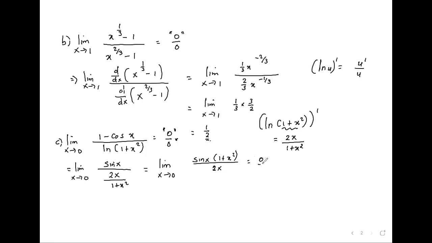So this is a 0 over 0 situation. So we have an issue here. So what we'll do is we'll apply the same law. We'll differentiate now on top using the product rule. The derivative of sine is cos, and then we maintain 1 plus x squared plus the derivative of 1 plus x squared.